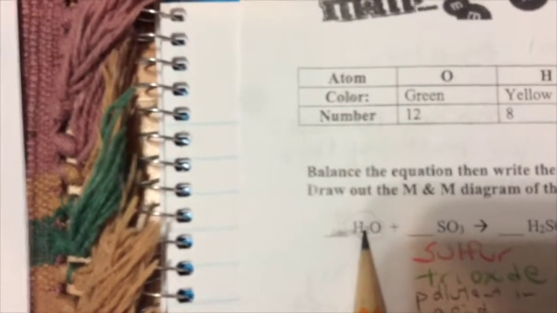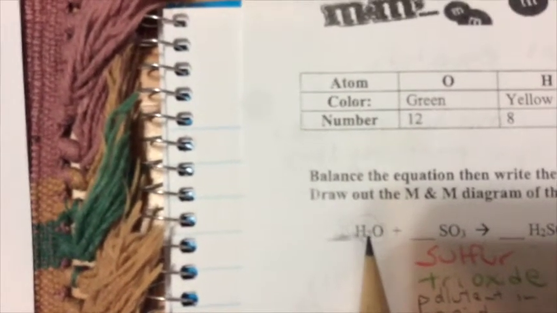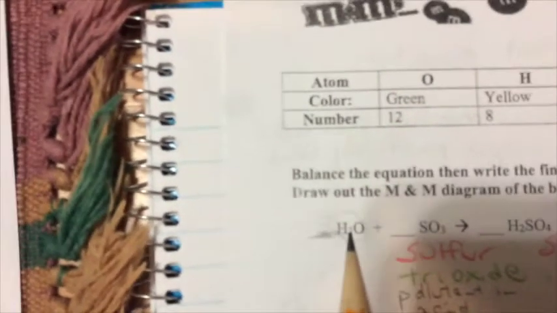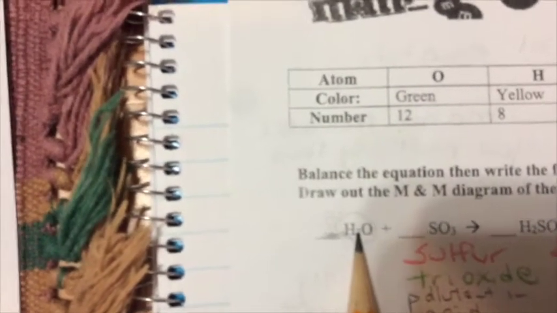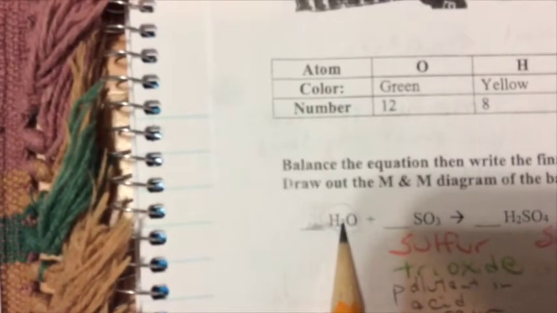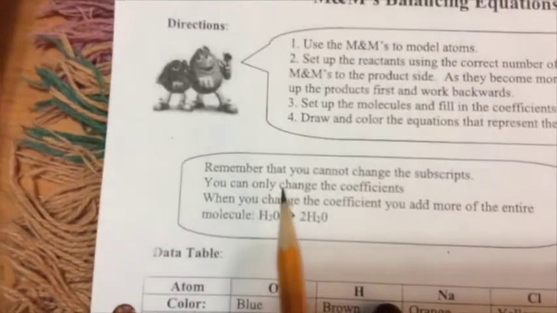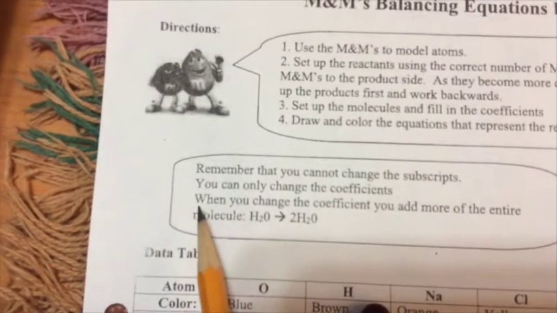But the subscript is written in ink on the paper, and you cannot change it. You can never change your subscripts, the way that the molecules are put together. You'll be learning more about that later. You can only change the coefficients.